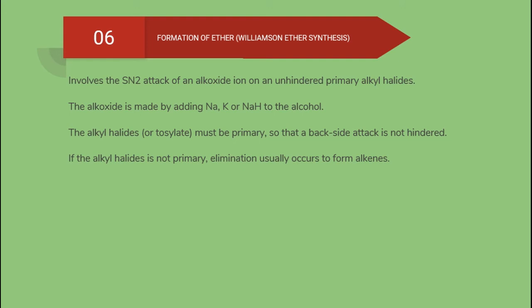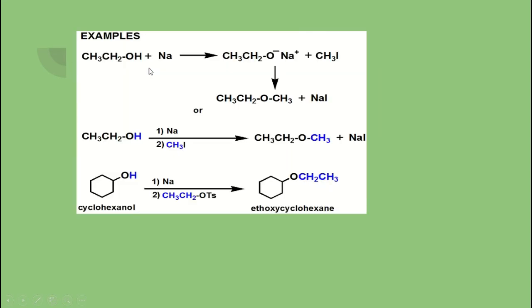Alkoxide ion can be formed by adding sodium or potassium to an alcohol. When the alkoxide ion is ready, it will attack the primary alkyl halide. If the alkoxide ion attacks a non-primary alkyl halide, there is no ether formation. The one that will be formed is alkene.